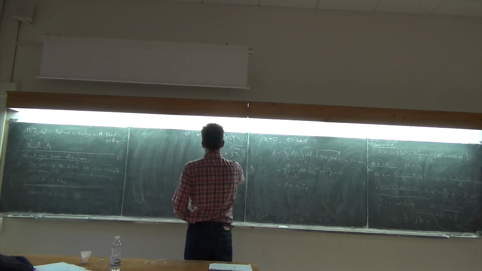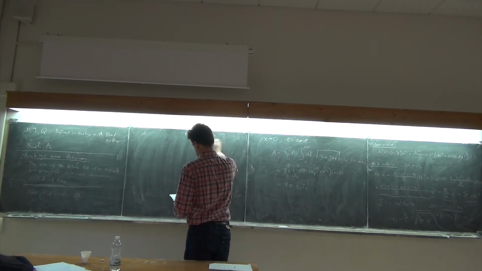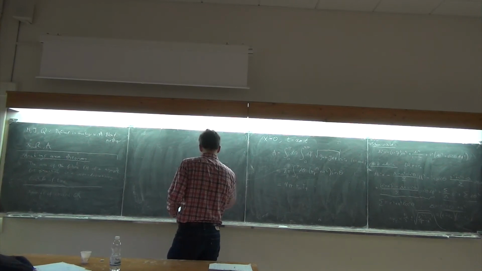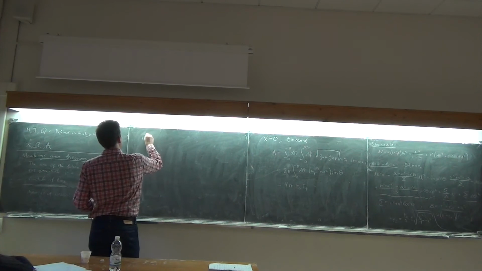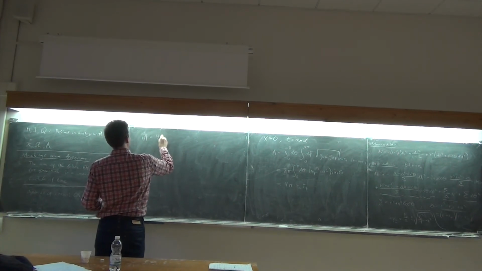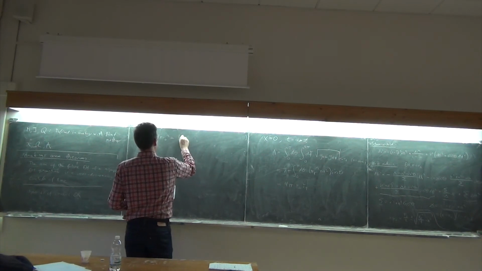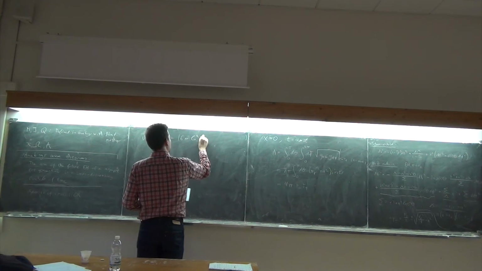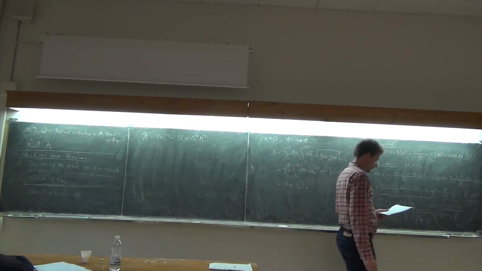So if we now look at the Schwarzschild black hole, then you can compute for the Schwarzschild black hole 4 pi r0 squared. This is actually 16 pi G squared M squared if I write it in terms of the mass.